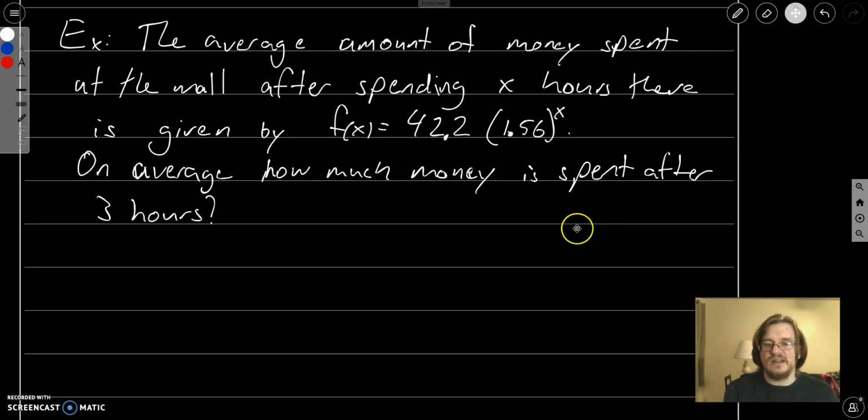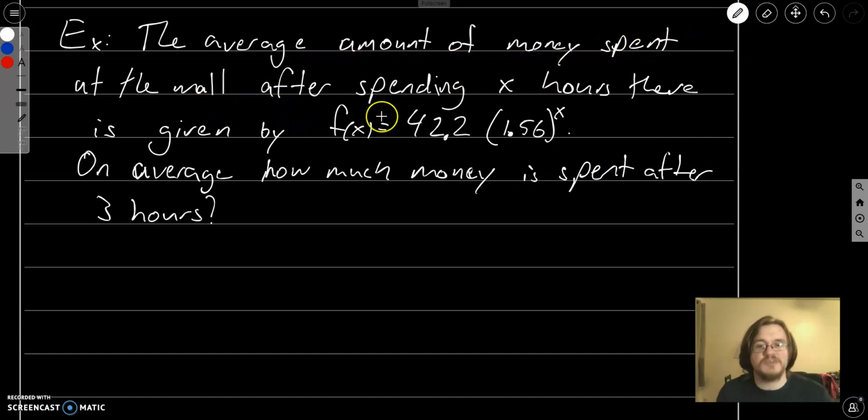Next up, let's look at an example of how we might use this. This comes from the textbook: the average amount of money spent at the mall after spending x hours there is given by 42.2 times 1.56 to the x power. So on average, how much money is spent after 3 hours? Well, it's given by this function.